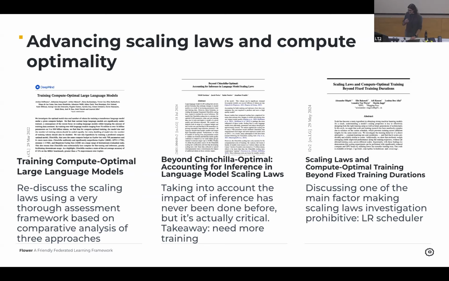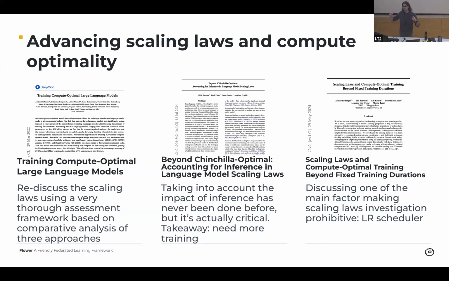Now, before closing this part of the presentation, I want to mention a few more very rough details regarding these three very interesting papers. They are basically continuing the process of coming up with scaling laws or improving the scaling laws or improving the modeling behind them. This first one, for example, that describes the Chinchilla optimum on your left, was very influential because it has a very thorough assessment framework.